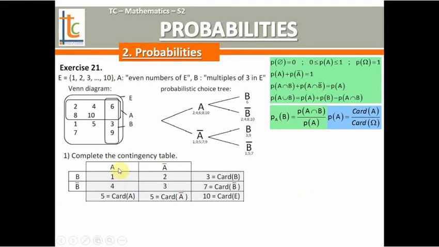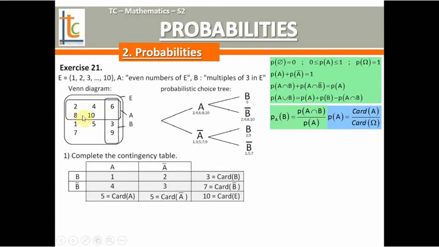The contingency table shows the number of elements in the 4 different subsets that have been created. The 4 subsets in the tree are the 4 ends of the paths of the tree. So you can see that in A you've got a total of 5 elements.